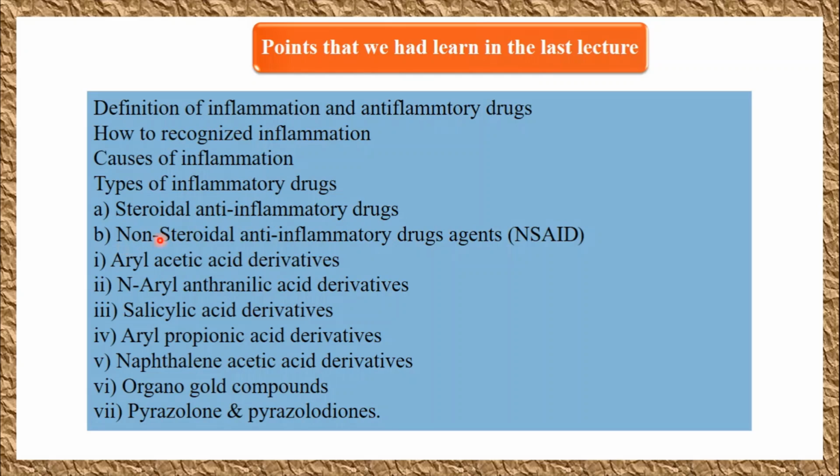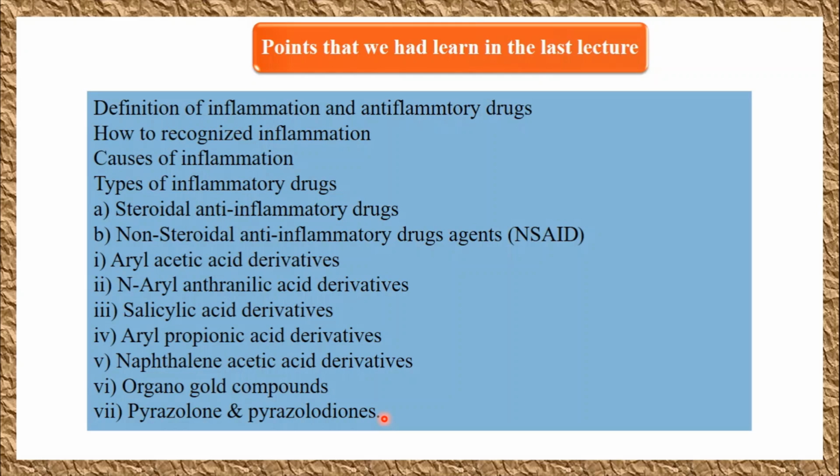Non-steroidal anti-inflammatory drugs are classified into aryl acetic acid derivative, N-anthranilic acid derivative, salicylic acid derivative, aryl propanoic acid derivative, naphthalene acetic acid derivative, organogold compounds, and pyrazolone and pyrazolidine derivatives.